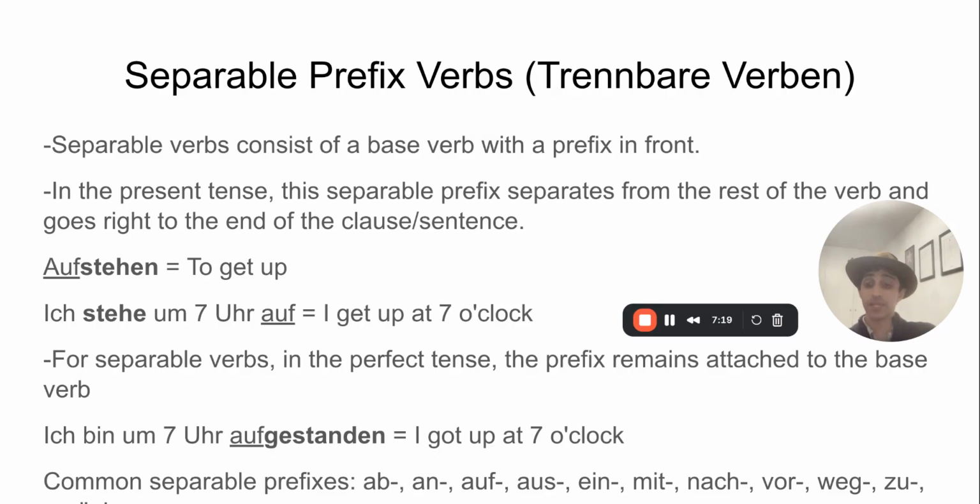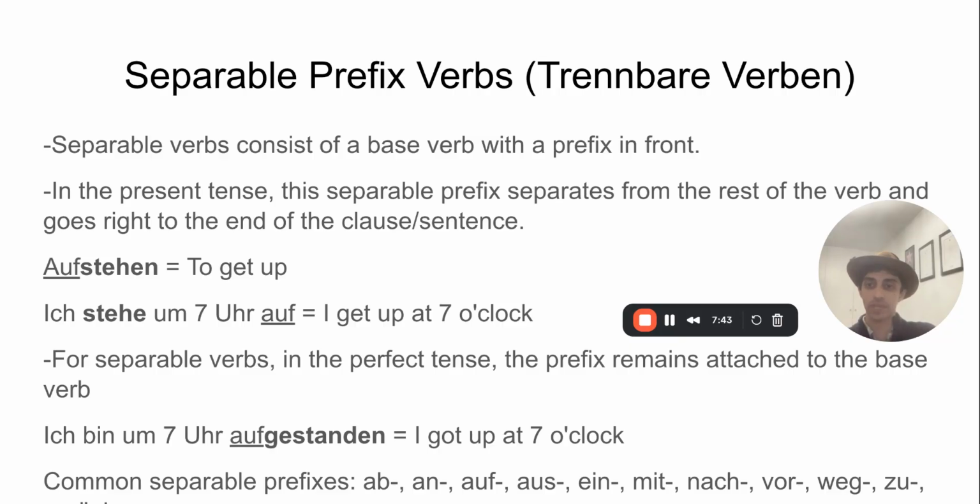In the present tense, that separable prefix auf would separate from the rest of the verb, from the base verb, and it would go right to the end of the clause or the sentence. So you wouldn't say ich aufstehe or anything like that. It would actually become ich stehe 7 Uhr auf, for example, meaning I get up at 7 o'clock.